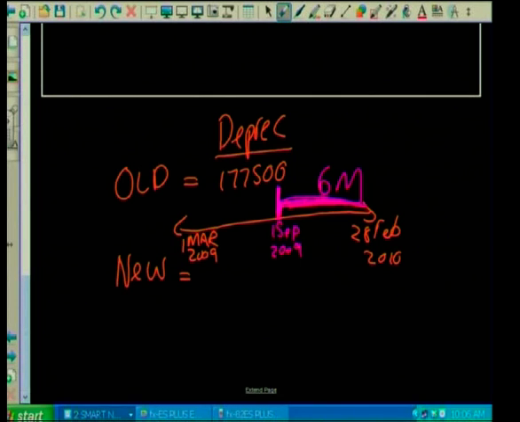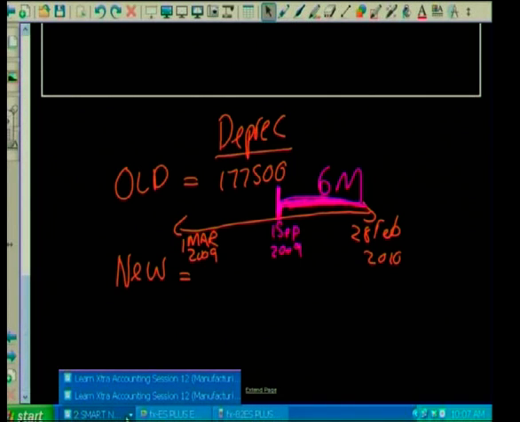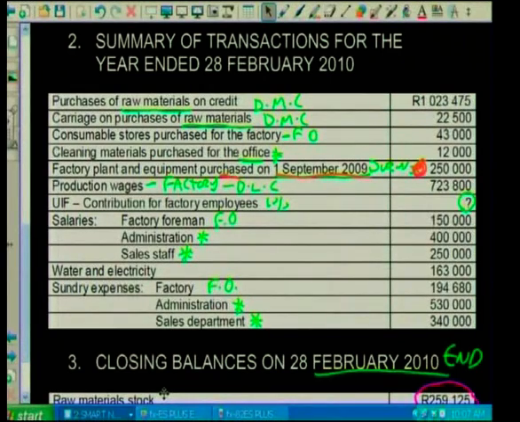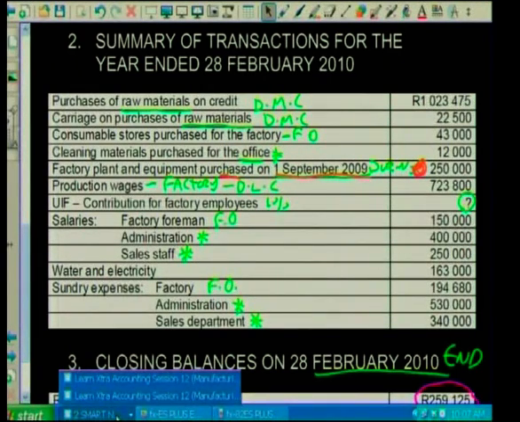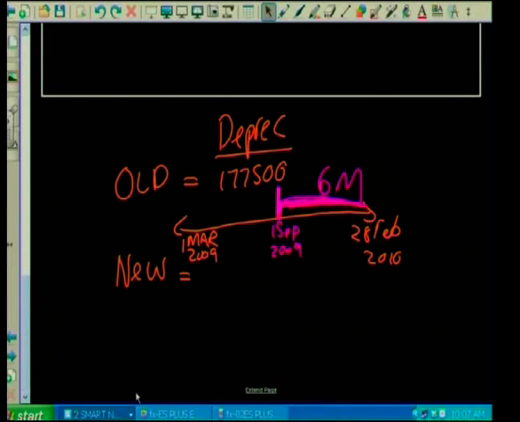So let's take our cost. Our cost was an amount of, guys, I have to go back to the question. Our cost, 250,000. So we're taking the cost, 250,000, times my rate, which is 10%, times the number of months I need to depreciate, which is 6 months, 6 over 12.